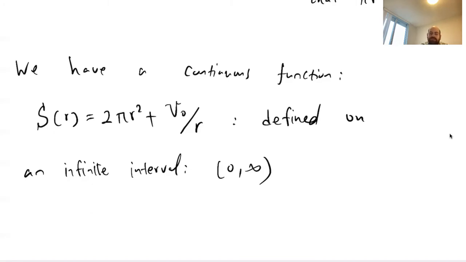Well, it's not as simple as previous cases, but still doable, because we said that as long as your function has exactly one local extremum, that local extremum, if it's a local min, will be the absolute min, and if it's a local max, it will be the absolute max.